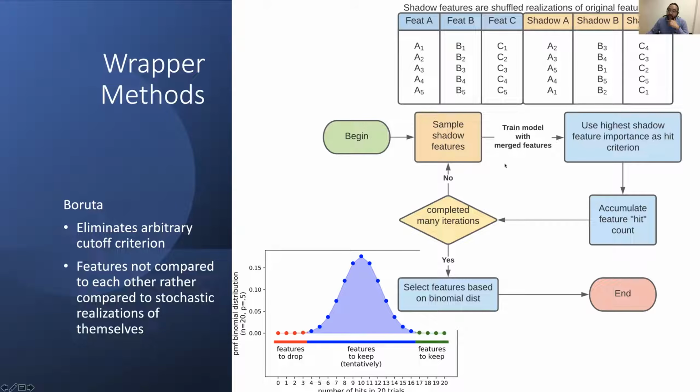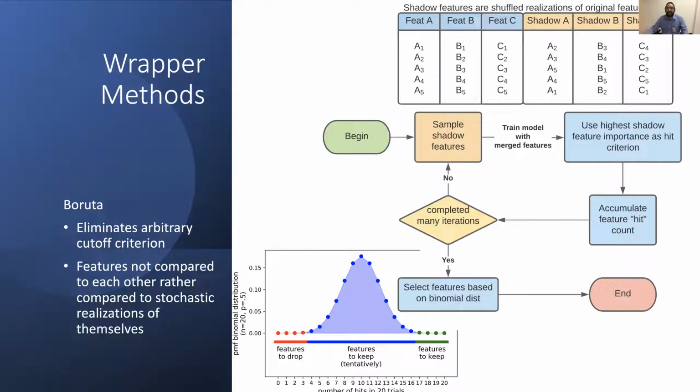And now you train a model. It could be any model. We train it with all these features. Now you have twice as many features, but you train them with all of them. And now you look at, of these shadow features, which one had the lowest p-value, right? So we're saying for any feature to be significant, it has to have a p-value that's less than the best performing garbage feature, right?